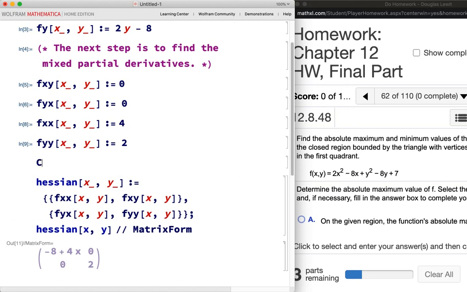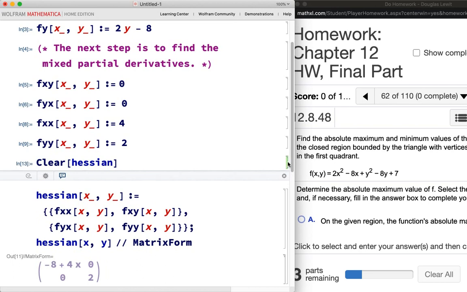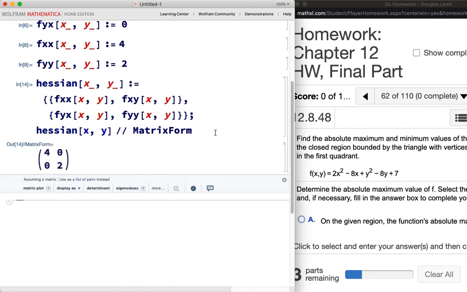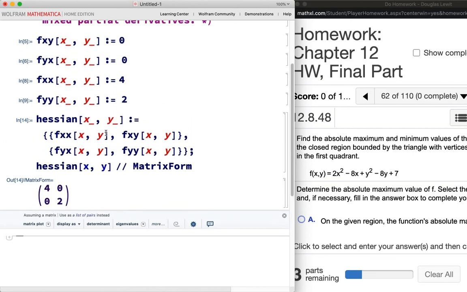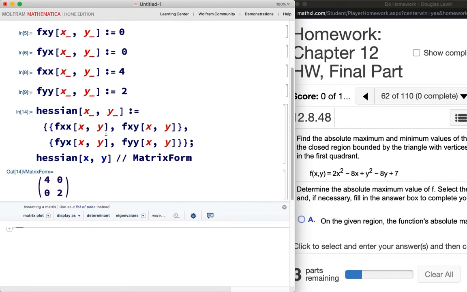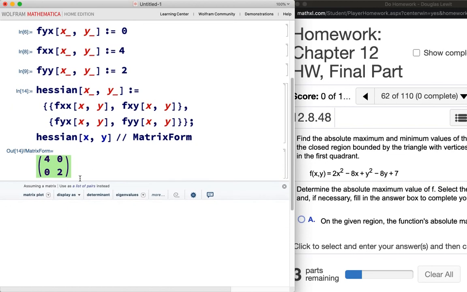Okay, so let's do this one more time. Let me just clear the Hessian so I'm starting with a clean slate. There we go, Shift Enter. Okay, there we go. So for this problem, the Hessian matrix, regardless of the values of x and y, is always going to have this form right over here.